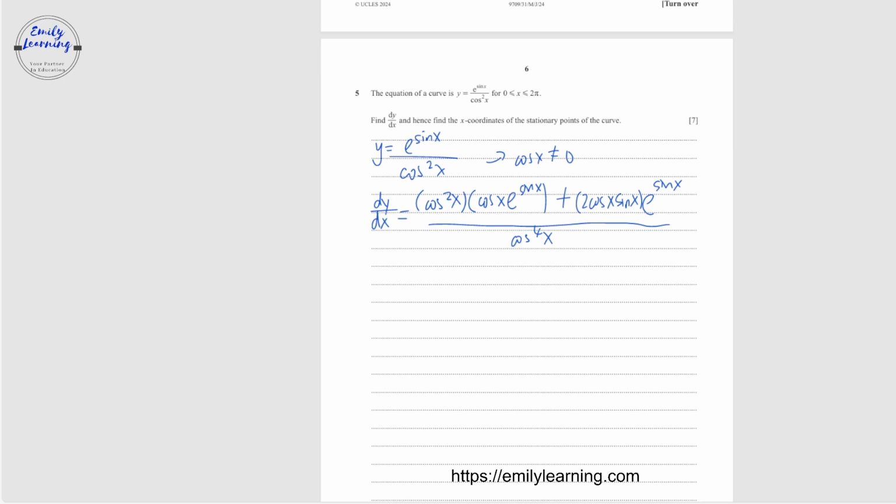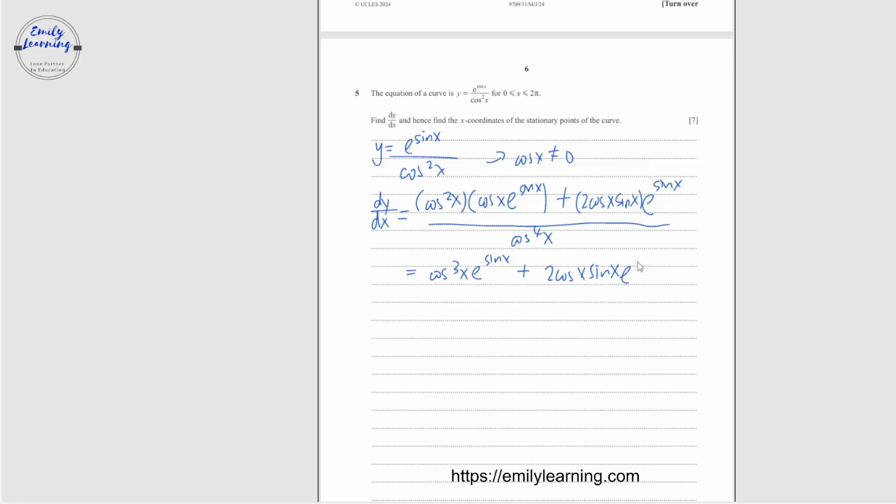Okay, so this is what we have. Essentially, cosine cube x e to the power of sine x plus 2 cosine x sine x e to the power of sine x over cosine to the power of 4x.